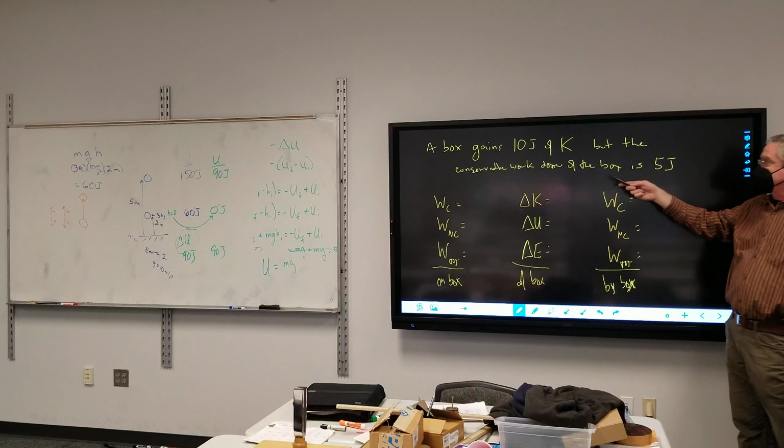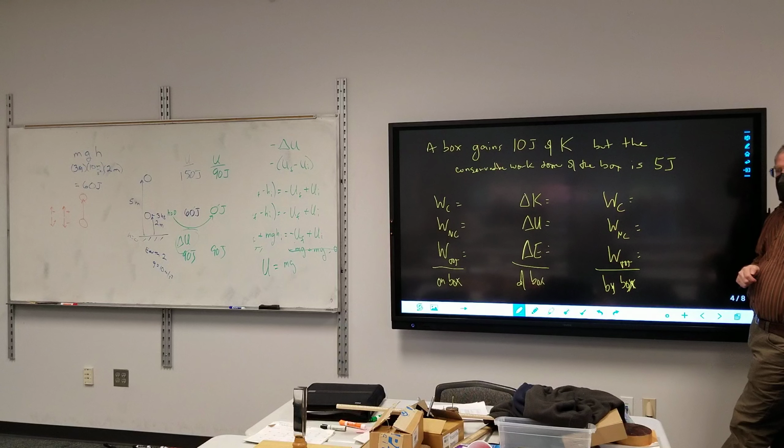And what is the conservative work done by the box, non-conservative work done by the box, total work done by the box? We have two somewhat independent pieces of information. We can figure out all 9 values.